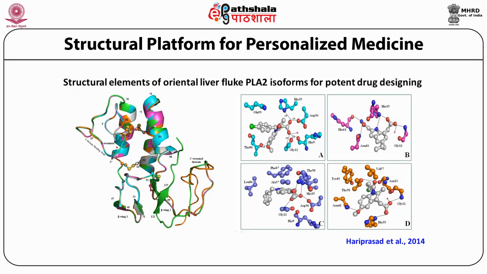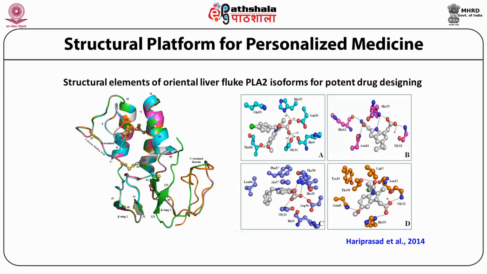Protein structure prediction as a tool to develop personalized medicines. Different people respond in different ways to the same medicine. Why is it so? That is because people have certain enzymes whose three-dimensional structure may slightly vary from one another.